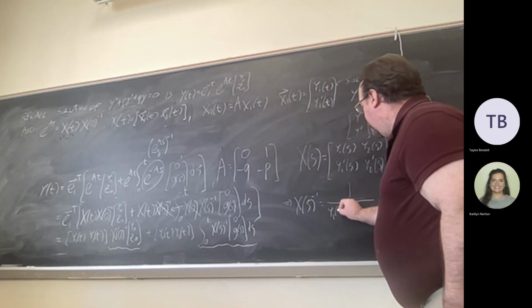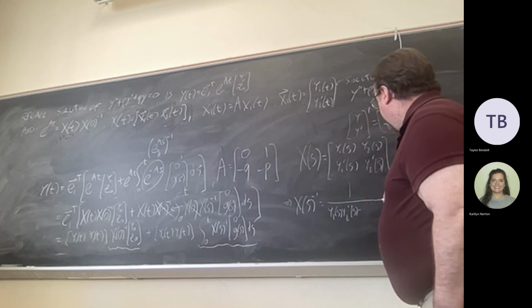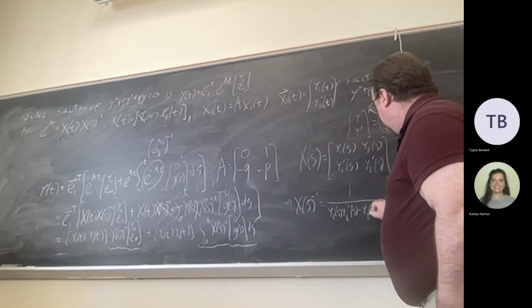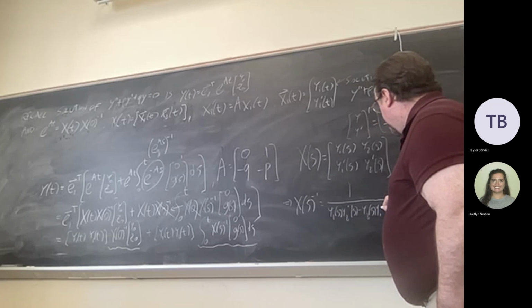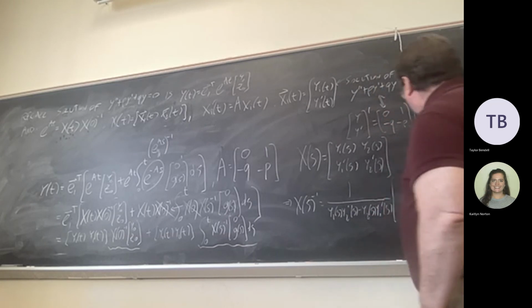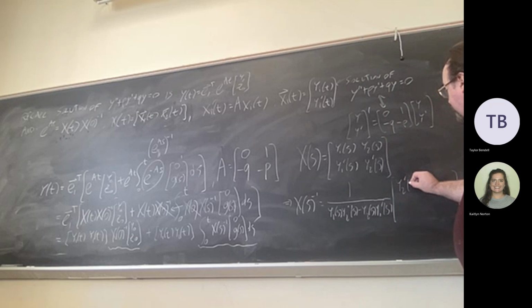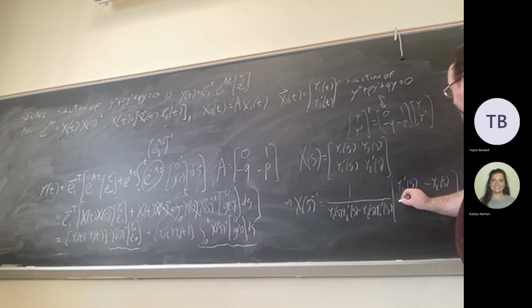So that'd be y1 y2 prime minus y2 y1 prime. And then the rest of the formula: you swap the diagonal entries, and then negate the off-diagonal entries.